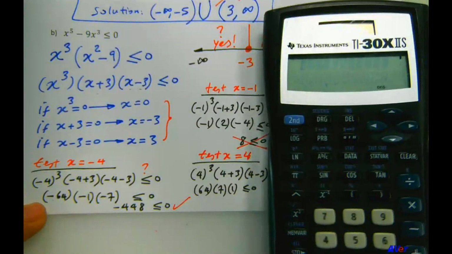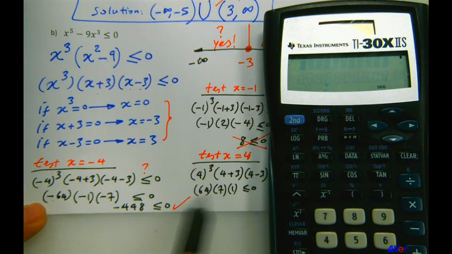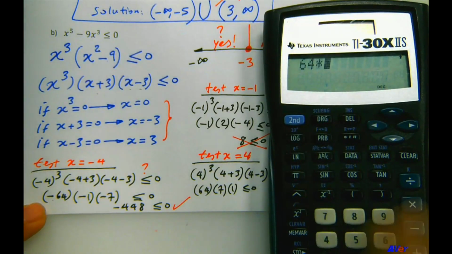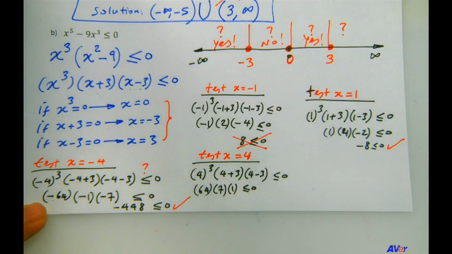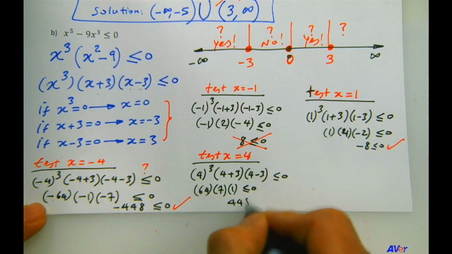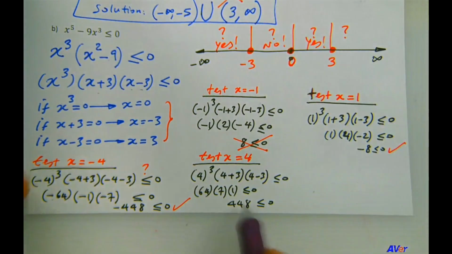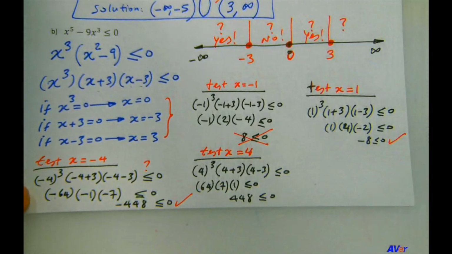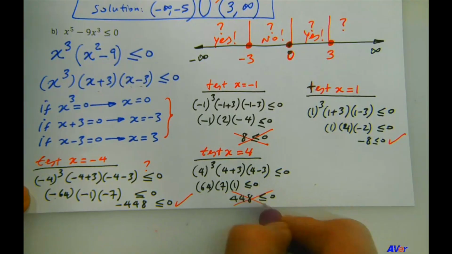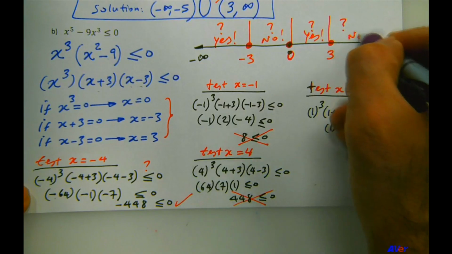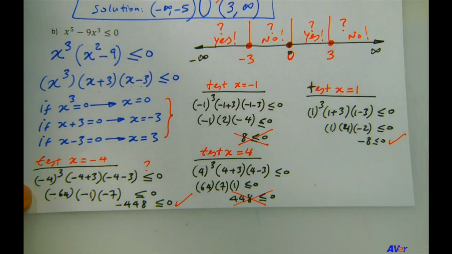And if we multiply these numbers, 64 times 7, positive 448. Is this a true statement? Is 448 less than or equal to 0? No. Right? So that region is not a solution.